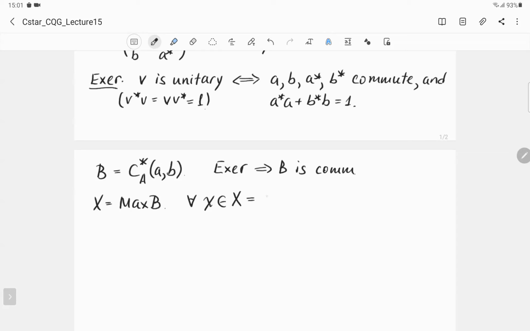So we identify the spectrum with the character space. So chi is a unital character of B, and we apply chi to this formula.